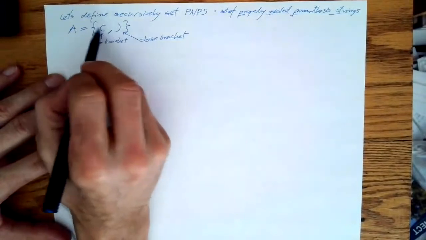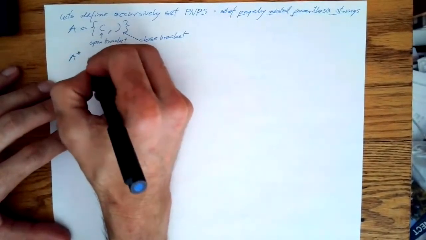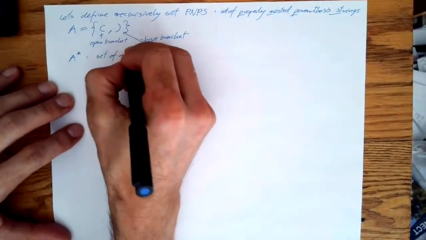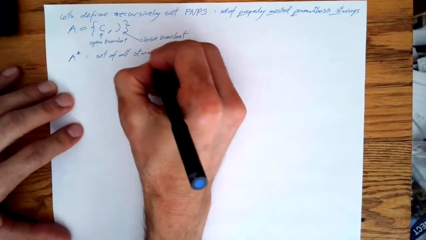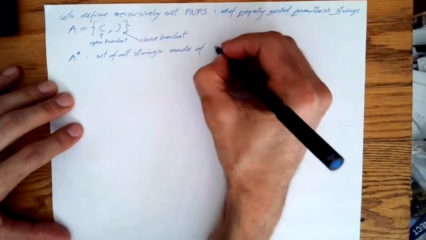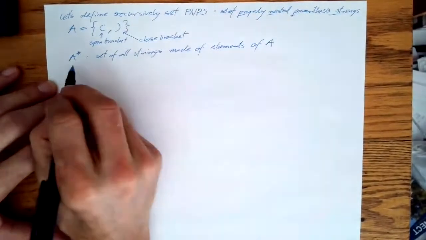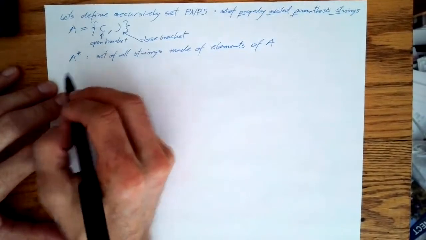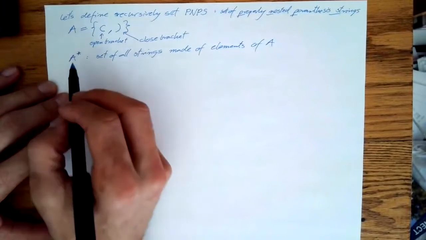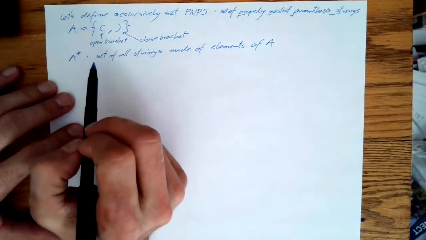Okay, so this is my alphabet. I can consider the set A star, the set of all strings made of elements of A. So just like B star was the set of all bits, A star stands for all strings made of these elements, right?